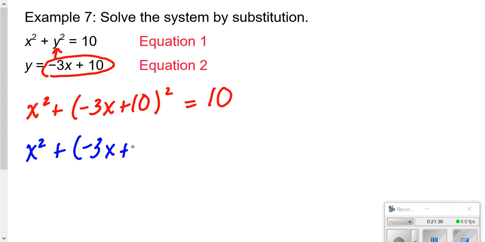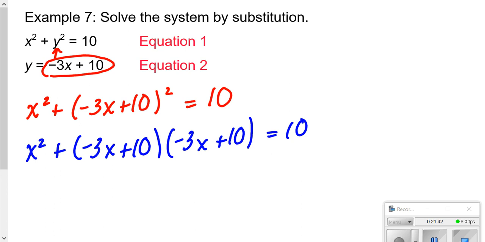This part we're going to use FOIL, multiplying 2 binomials together. So this portion is going to give me 9x squared. The inner and the outer will each give me negative 3 times 10, so that's negative 30x.